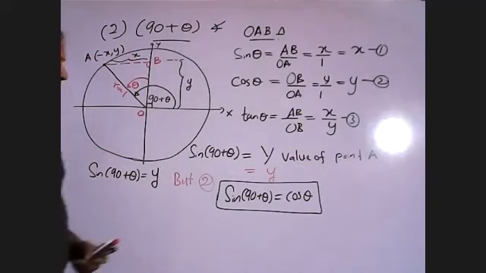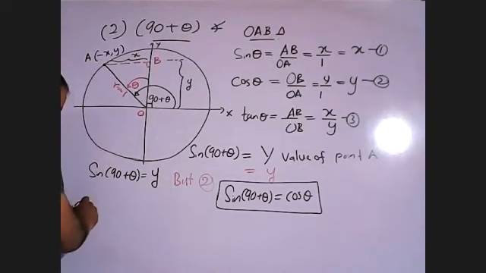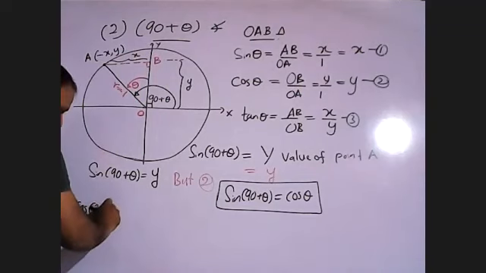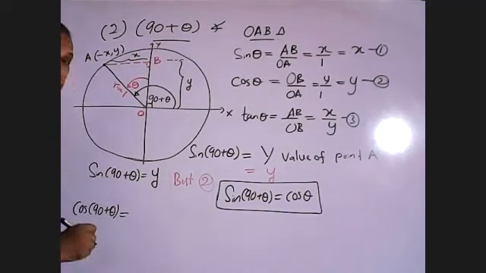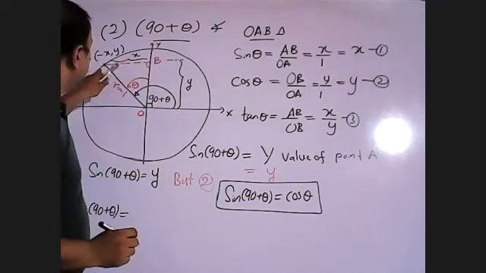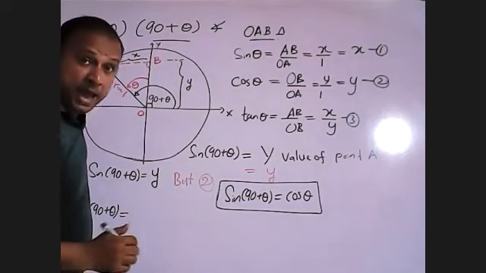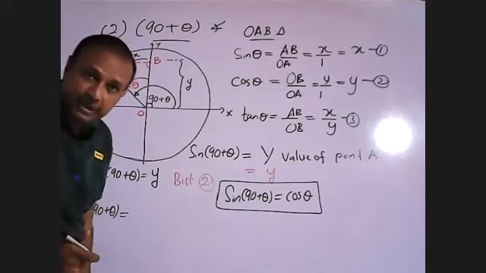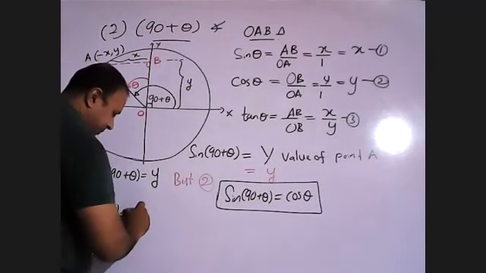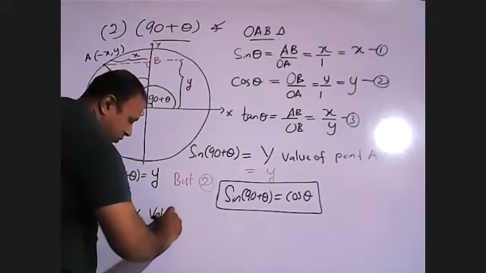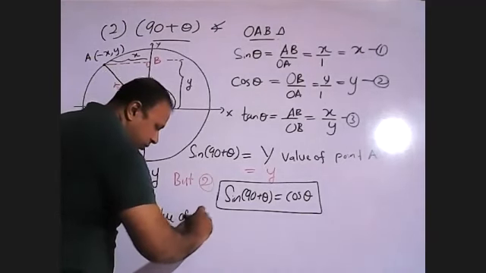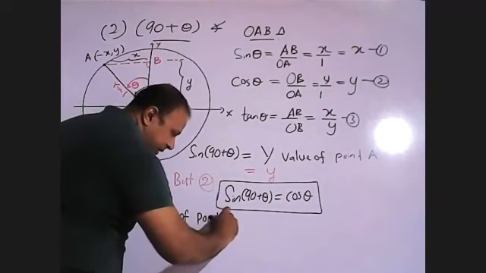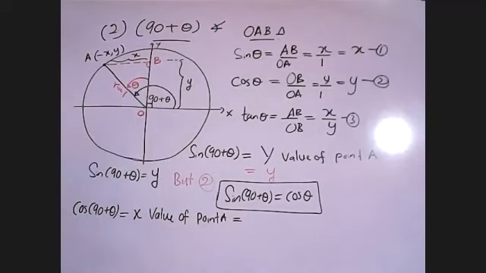Then again, cos 90 plus theta. Using the circular definition, cos 90 plus theta is equal to the x value of the particular point, that means the x value of point A. So what is the x value of point A?